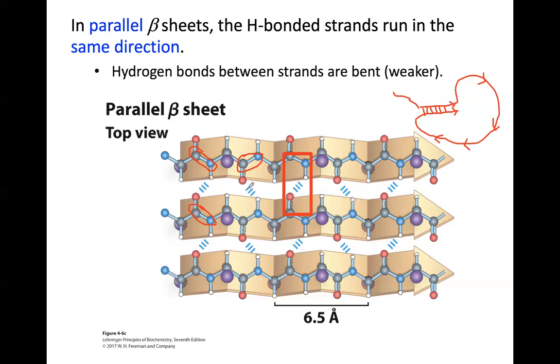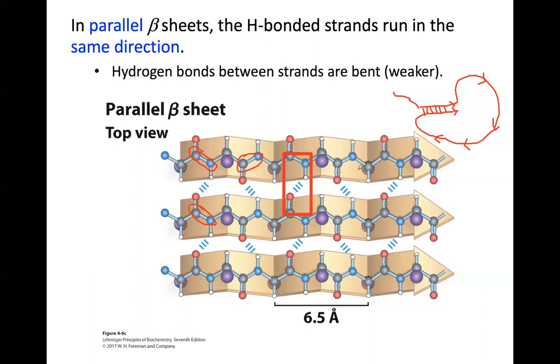Now, these are somewhat weaker hydrogen bonds because they are at an angle. Remember, hydrogen bonds like to be on one straight line, but because there are so many of them, it's a pretty strong secondary structure, right? And you can have a variety of these strands coming together.